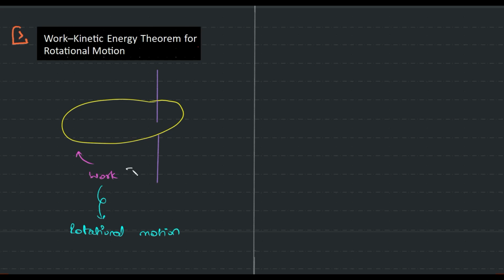I'll be able to figure out the amount of work that I do by looking at the final velocity and comparing it with the initial velocity. Basically, how much it was rotating and how much it is rotating now, post I do work. Of course, it can increase or decrease, it won't matter. By looking at these two values and doing a bit of math, I'll be able to figure out how much work I have done.